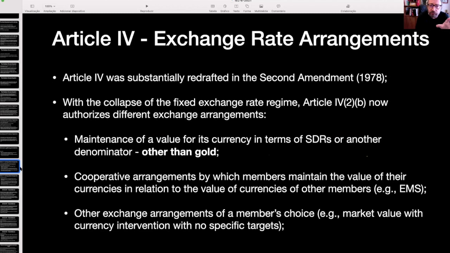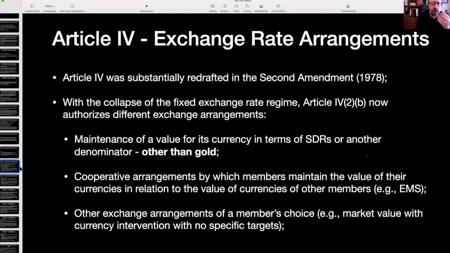Now, Article 4 dealt with the exchange rate arrangements. Now, those are gone, as we know, with the Second Amendment. And so now members may, if they want, establish a number of different exchange arrangements. Okay, so they can create a system of fixed or stable exchange rates, but they can no longer use gold as the central denominator.